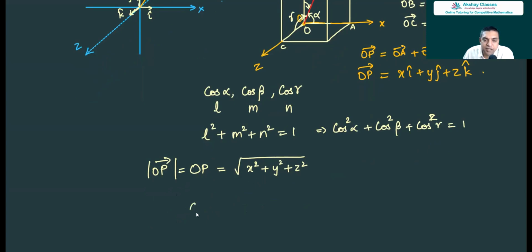Now cos alpha is the length OA by OP, which is x upon root of x square plus y square plus z square.